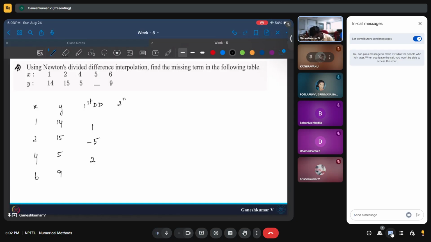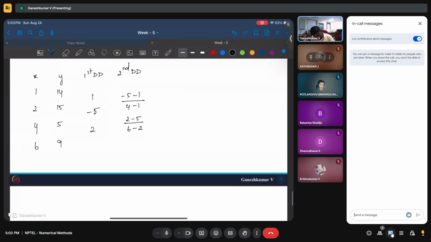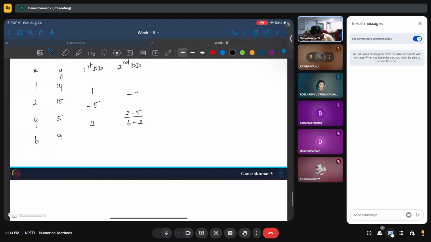Then the second divided difference is going to be minus 5 minus 1 divided by 4 minus 1. This is minus 6 by 3, so this is going to be minus 2.